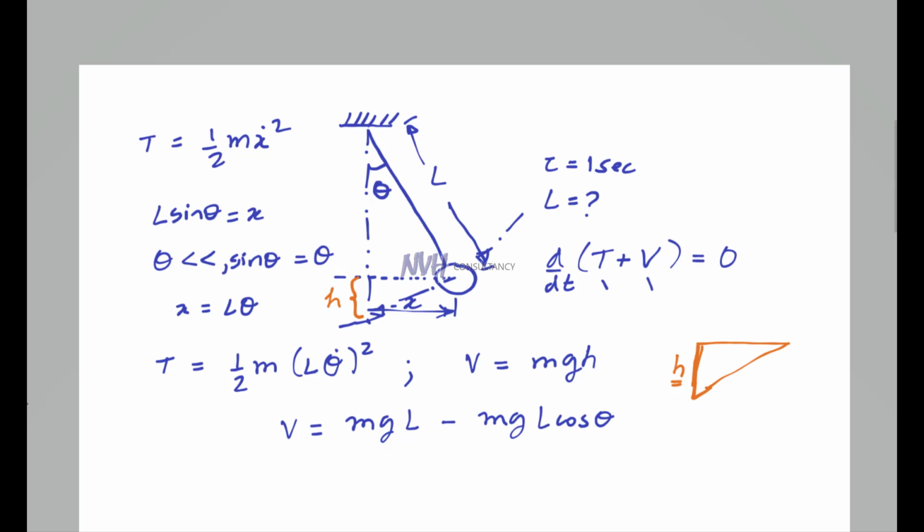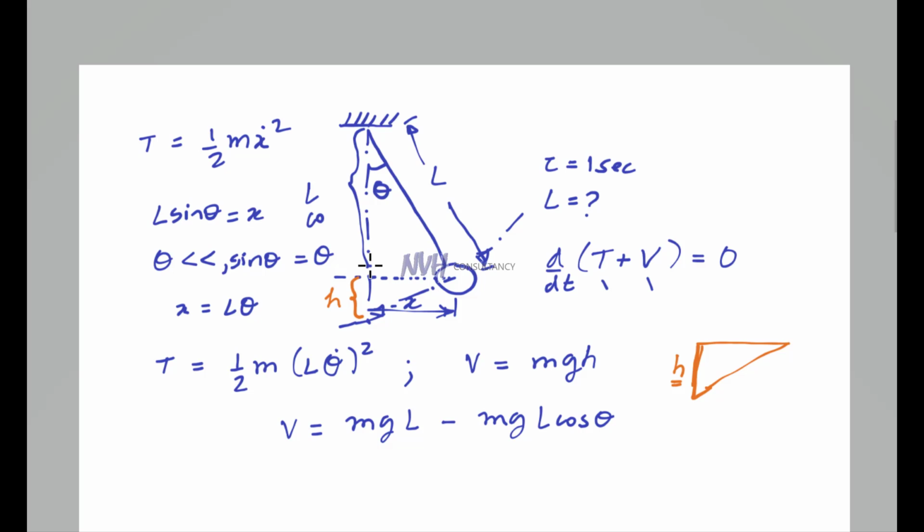And if you consider this whole triangle, then this will be equal to L cosine theta. So L minus L cosine theta. The rod of the pendulum is going to be L, and this portion over here is L cosine theta.